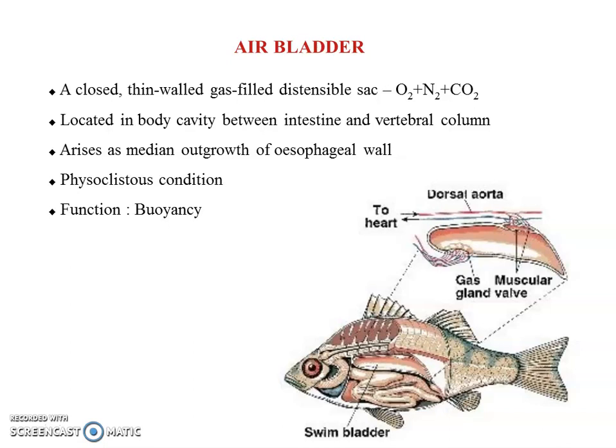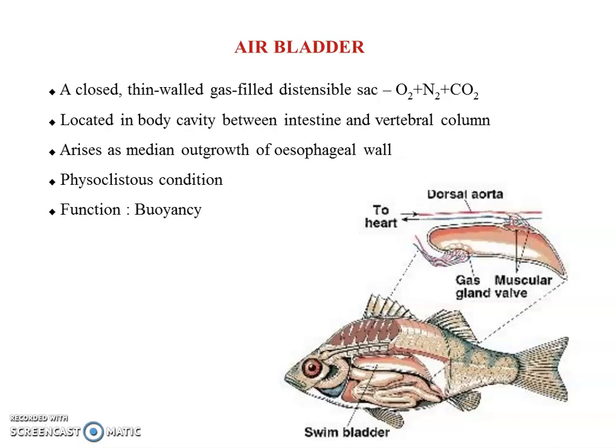But later during development, this pneumatic duct is lost, or completely removed, and the esophagus and the bladder become separated. So the air bladder is now a completely separate, independent, isolated, closed sac. That type of air bladder is known as physoclistus condition, the one found in the mullets.